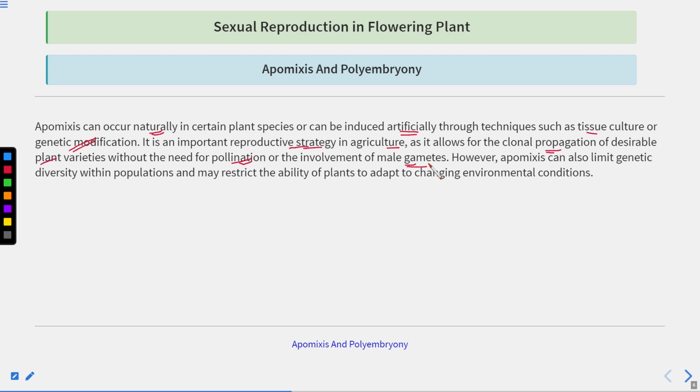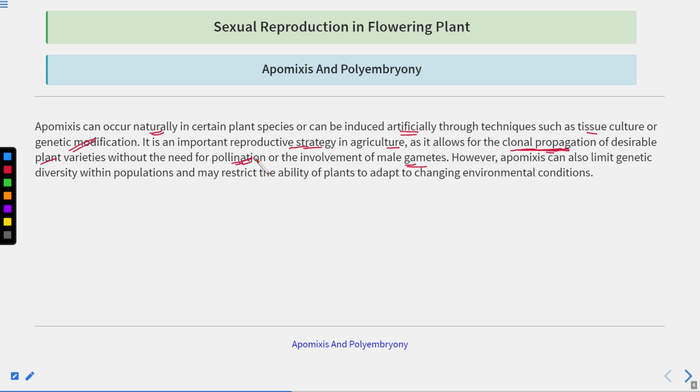So what is the importance of apomixis? Here, the desired plant can be propagated. Clonal propagation can be done of the desired plant without pollination, meaning without the transfer of the pollens. What is pollination? Transfer of the pollens from the anther to the stigma.